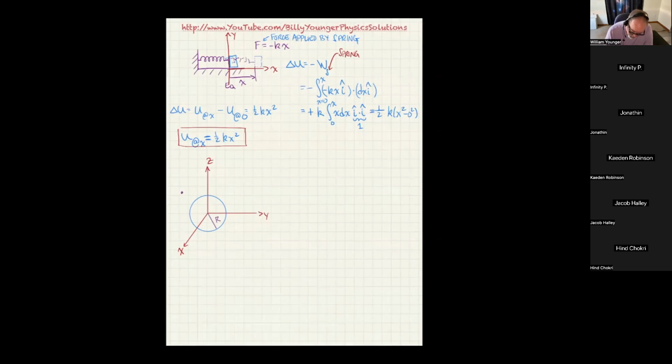What I'm going to imagine is being over here at some point, let's call it A. And in fact, there is a vector R1 pointing to it.